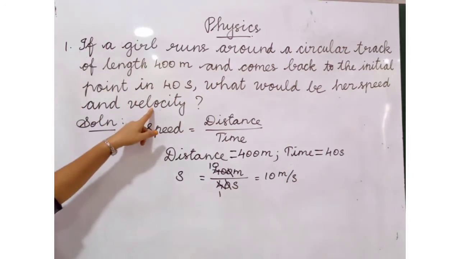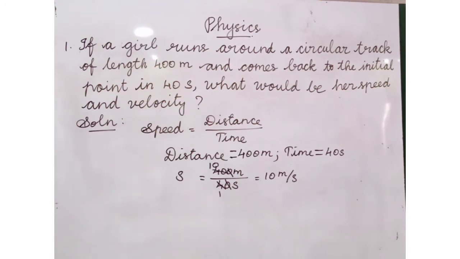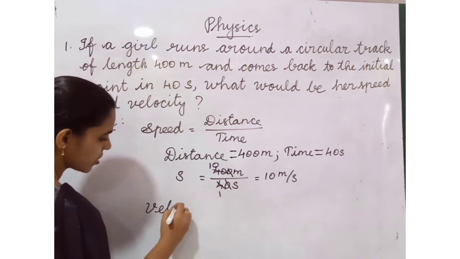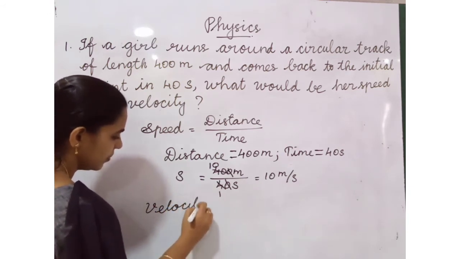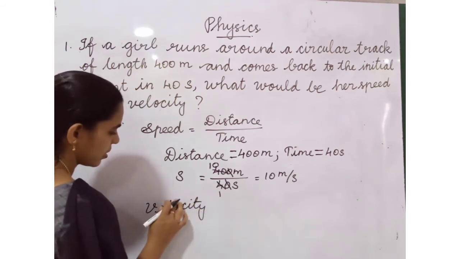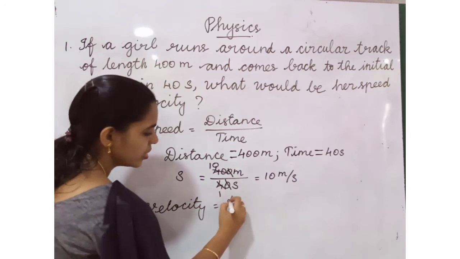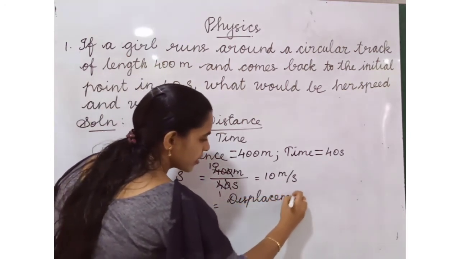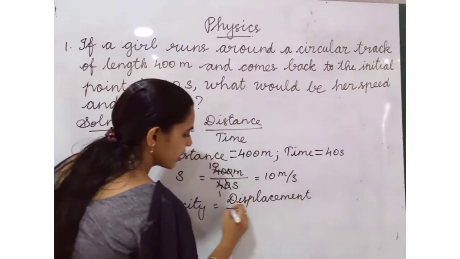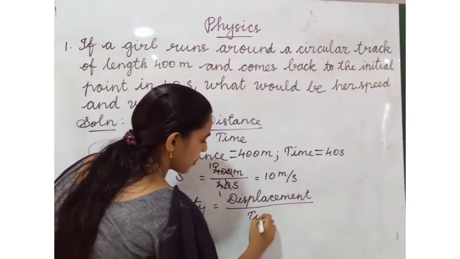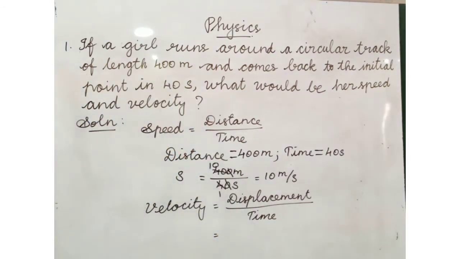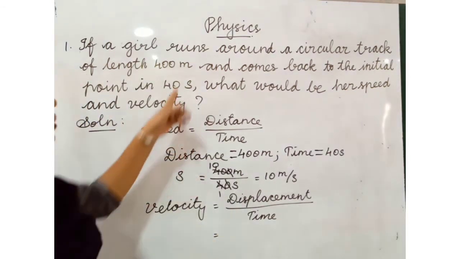What we have to find next? Velocity. What is the formula for velocity? Velocity is equal to displacement divided by time. Listen here. What is the displacement here?